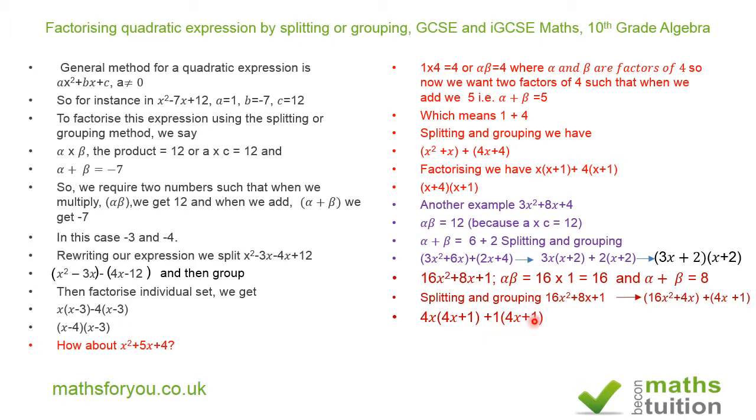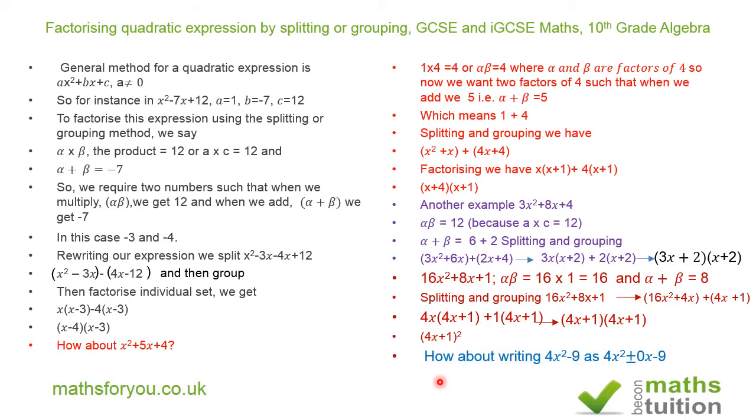I've got 1 here because the highest common factor of 4x and 1 is 1. So when we tidy up, I get 4x plus 1 into 4x plus 1, which then gives me 4x plus 1 all squared.